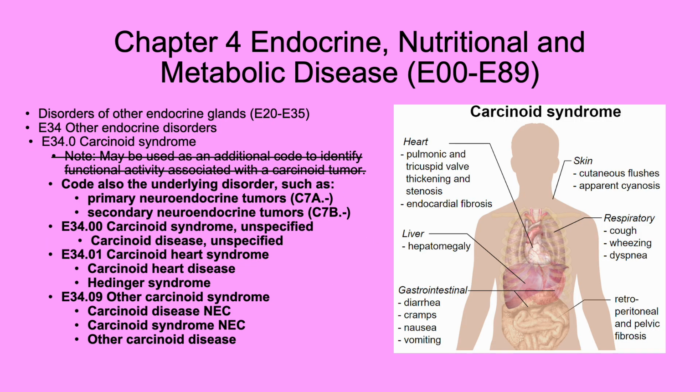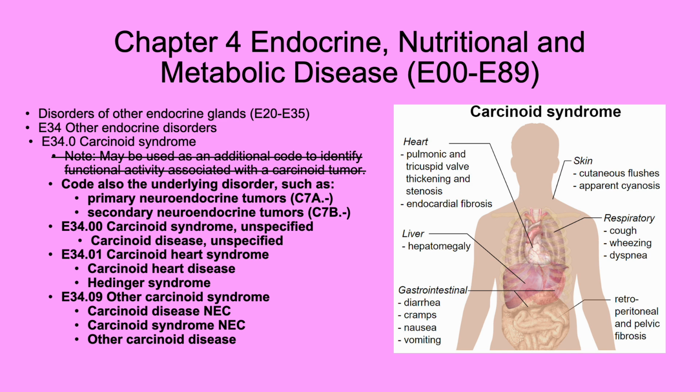Okay, so category E34.0, carcinoid syndrome, also in chapter 4, was expanded. It refers to carcinoid syndrome, a rare cancerous tumor which secretes chemicals into the bloodstream. It's a type of neuroendocrine tumor, mostly occurring in the gastrointestinal tract or the lungs.